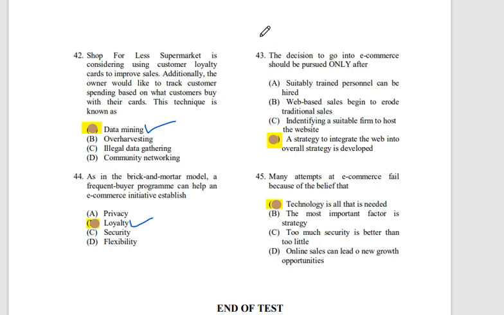Loyalty. 43 says the decision to go into e-commerce should be pursued only after D, a strategy to integrate the web into overall strategy is developed. Okay, and 45 says many attempts at e-commerce fail because of the belief that A, technology is all that is needed.